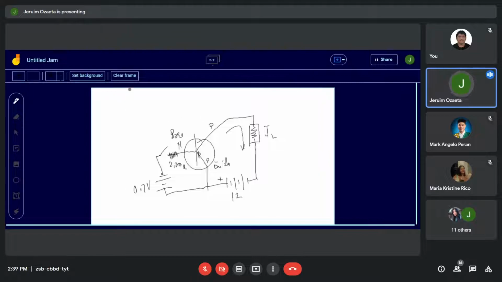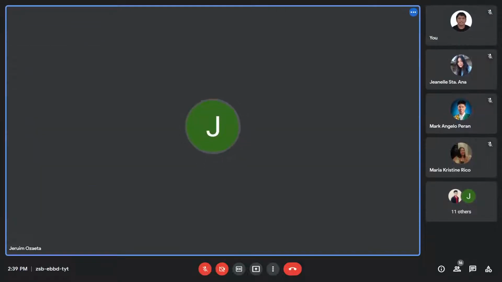Let's take a look at some of the circuits. I got some web pages from the internet, and let me share these web pages with you.